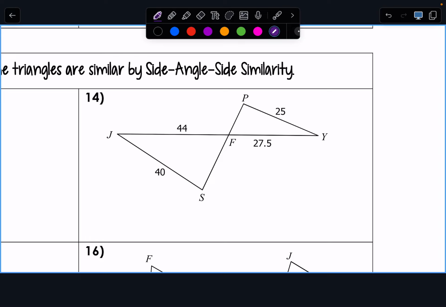So our only option is maybe side angle side. But what's the problem? Yes. We have vertical angles, but the angles aren't between the sides. Not in between our sides. So no, these are not similar.